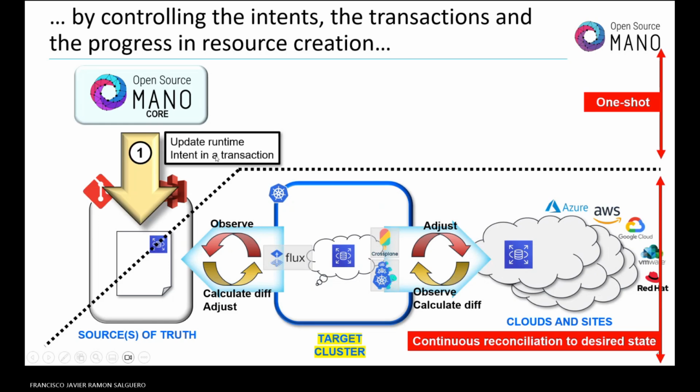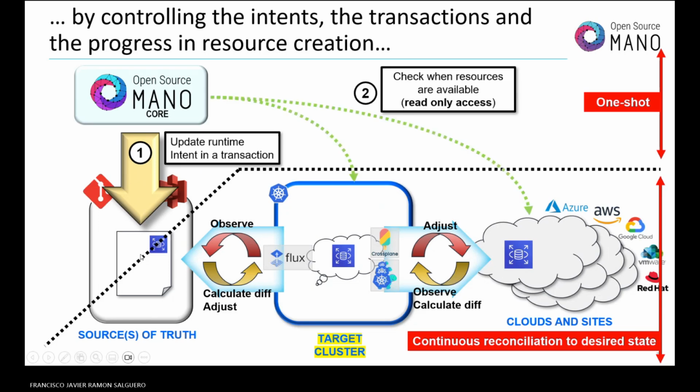What OSM does in the role of injection of intents is that it runs them in a transaction, they are injected in the sources of truth, and then OSM watches that things are done according to the plan. So the objects are created here successfully, and eventually the creation of the objects here will lead to changes, actual changes in the cloud according to the plan. So that is also watched by OSM.